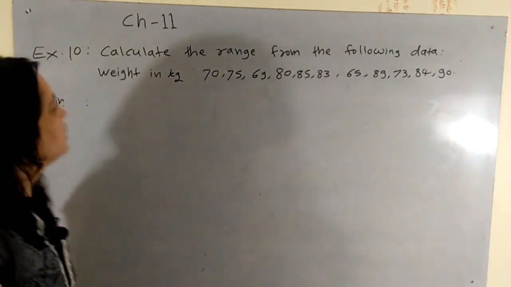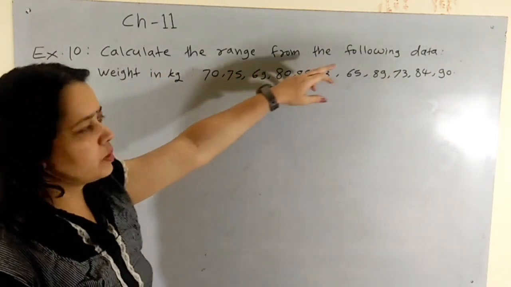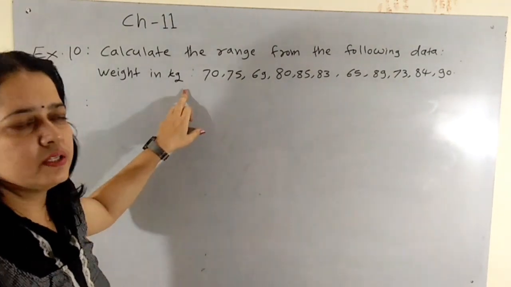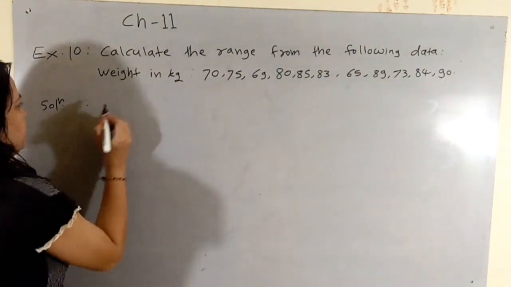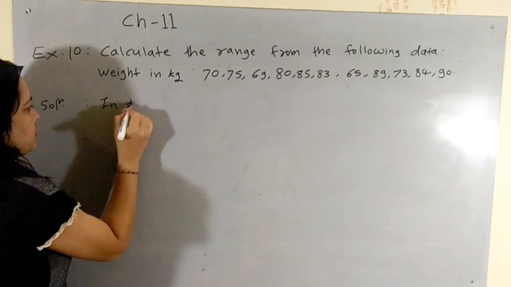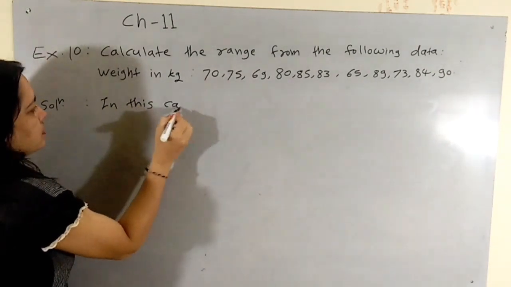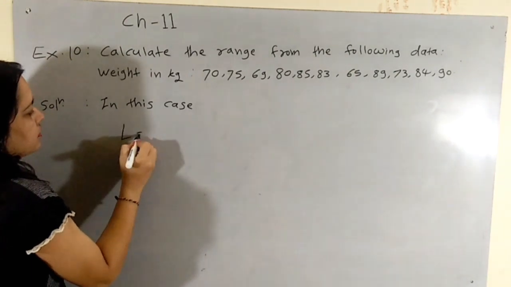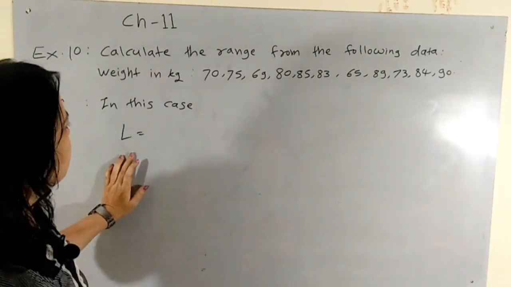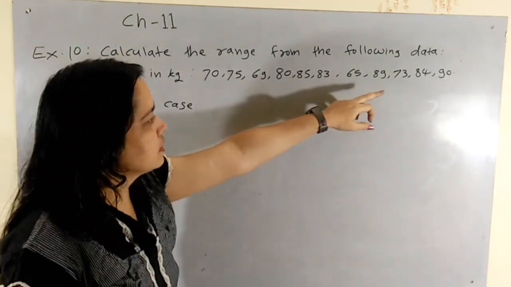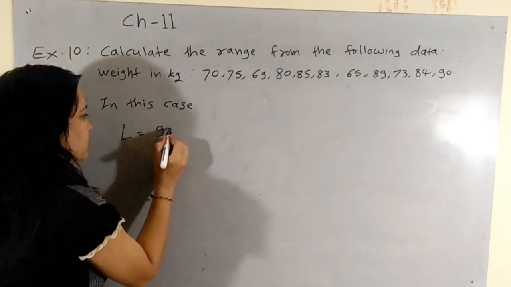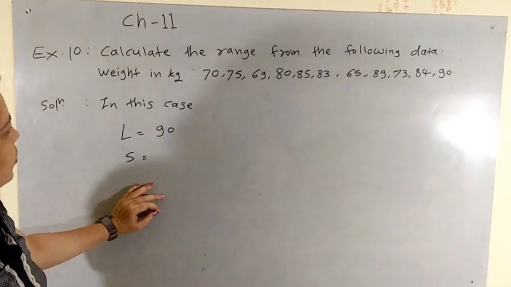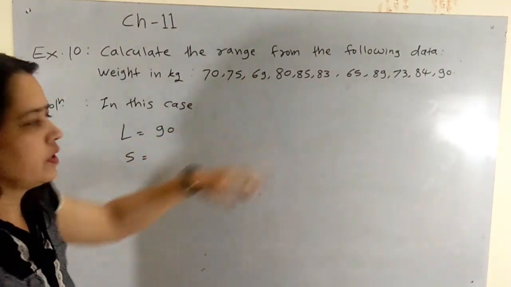Okay, next example is: calculate the range from the following data. Here data is given as weight in kg. So in this case L means largest value is 90, and S means smallest value is 65.